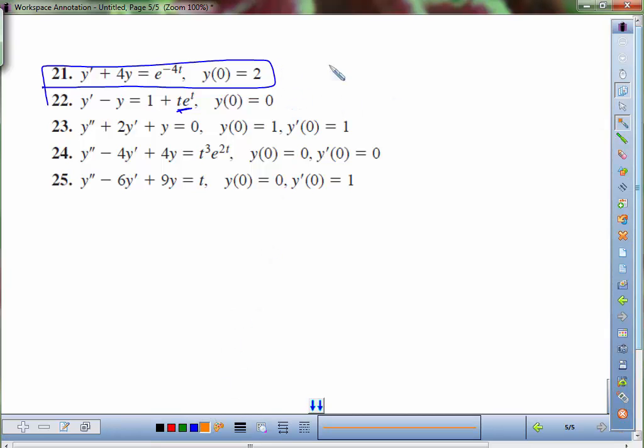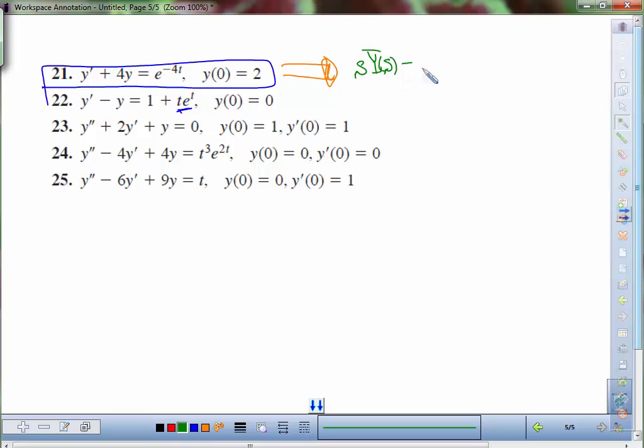Let's go directly into the S world. We have y prime. So that is S times y of S minus little y of 0.